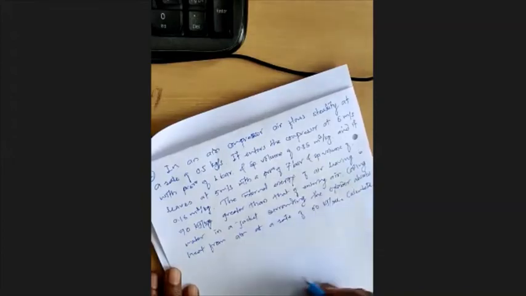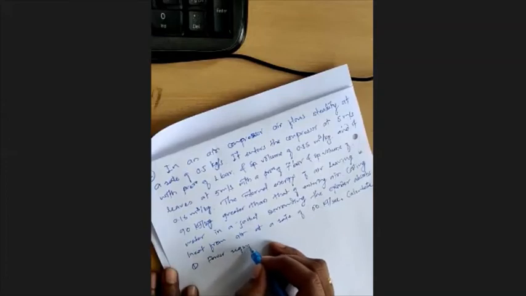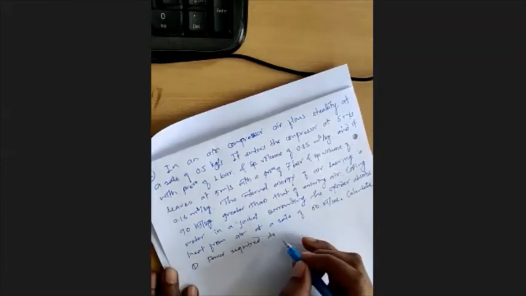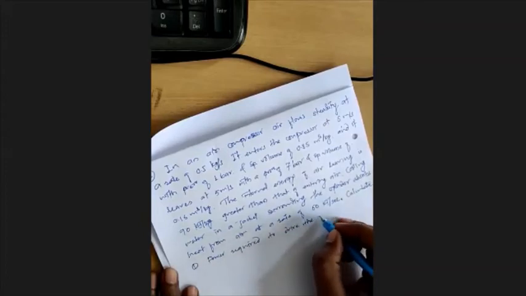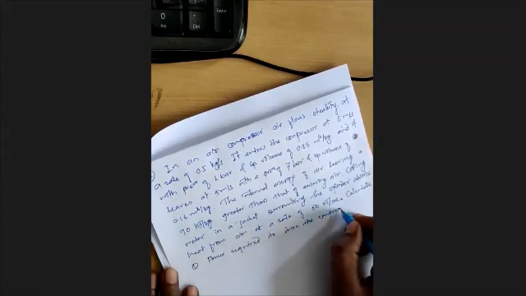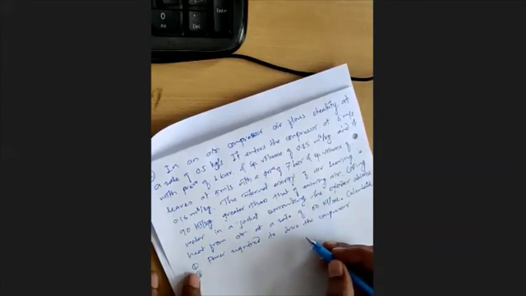Calculate, first one, power required to drive the compressor.